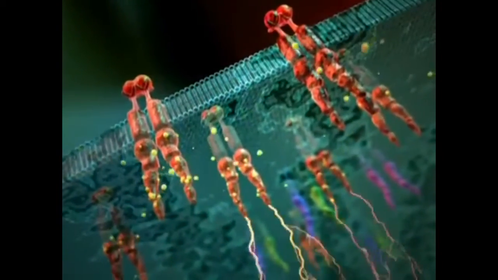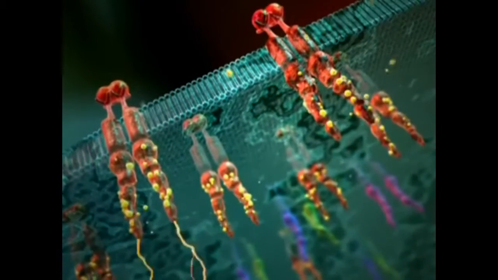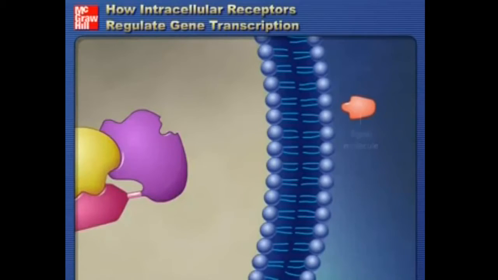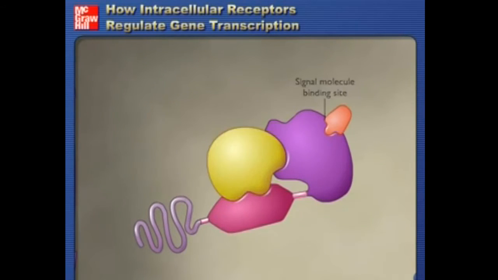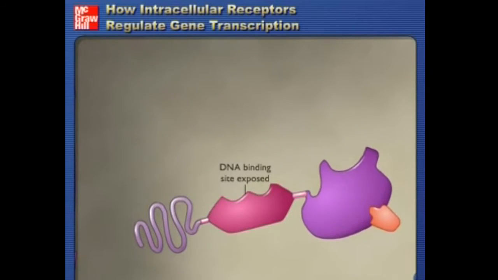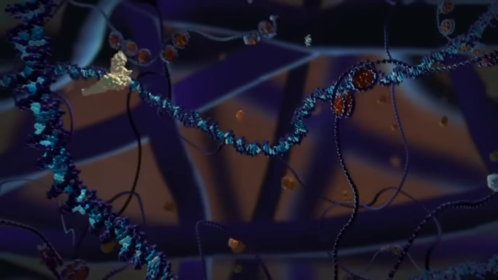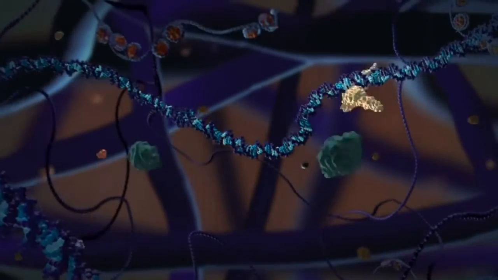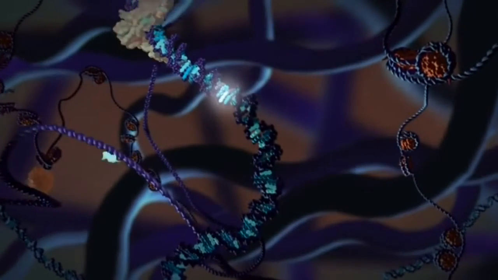A cascade of downstream events takes place and intermediate molecules are produced. The intermediate molecule enters the nucleus and activates the transcription factor. The transcription factor reaches the DNA. It scans the entire DNA and attaches to a specific gene site.